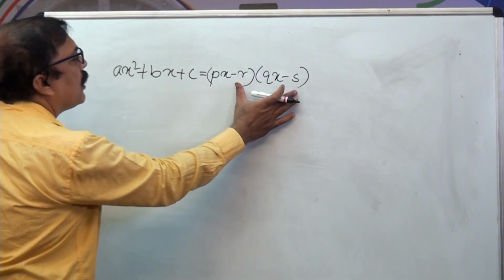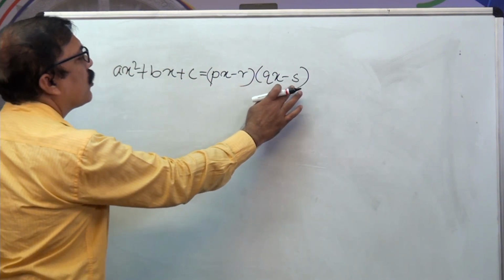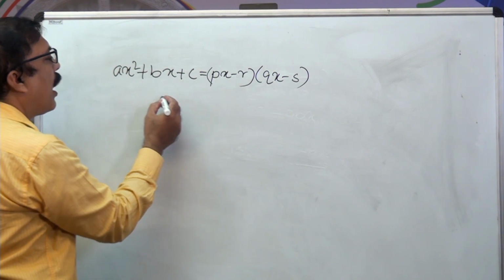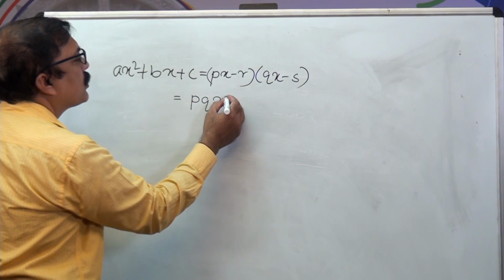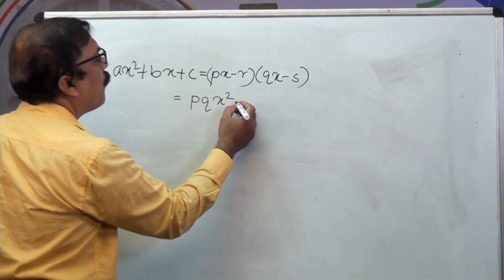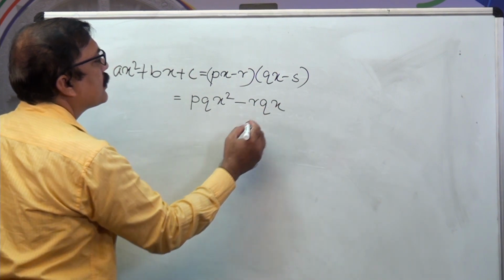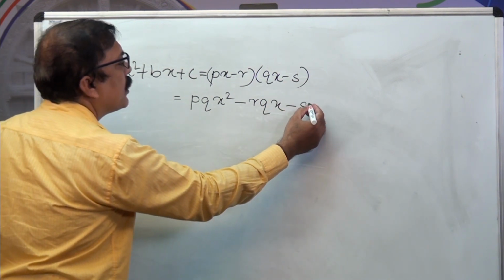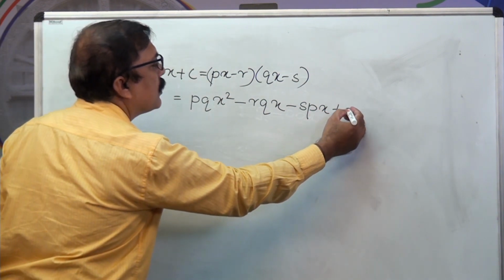If we multiply the two linear polynomials px minus r and qx minus s, we have pq x square minus rq x minus sp x plus rs.